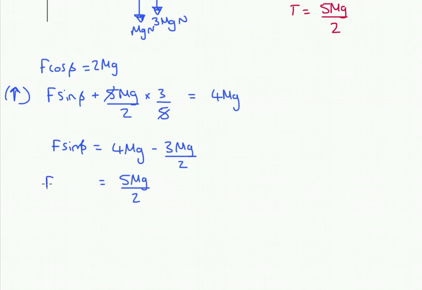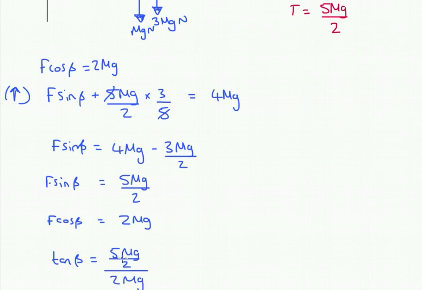So we've now got that F sine beta is equal to 5 mg over 2, and F cos beta is equal to 2 mg. If we divide this by this, that will give us tan beta is equal to 5 mg over 2 divided by 2 mg. The mg's cancel, and we're left with 5 over 2 times 2, so 5 over 4. So tan beta is 5 over 4.